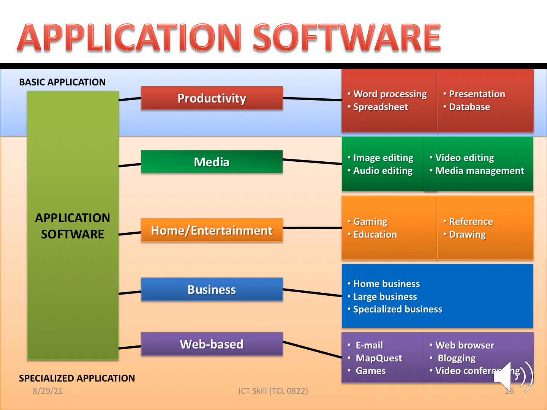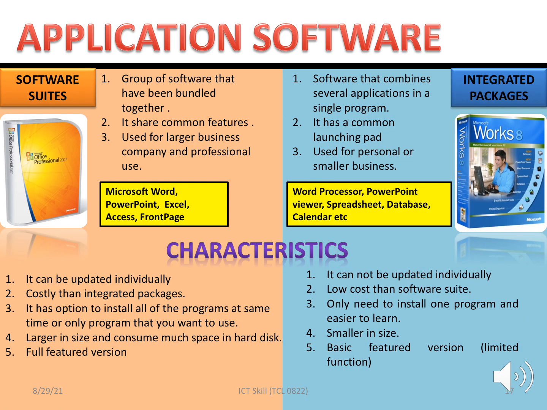Next I will focus on the types of application software, which are the software suite and the integrated package. A software suite is a group of software, a bundle of full applications.